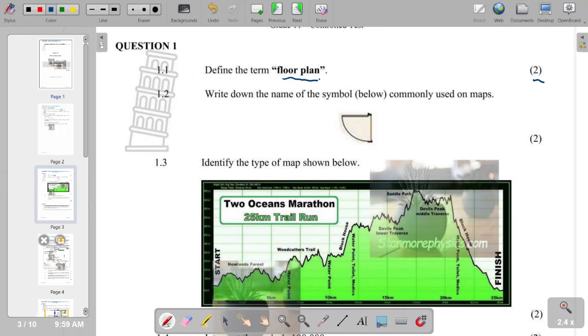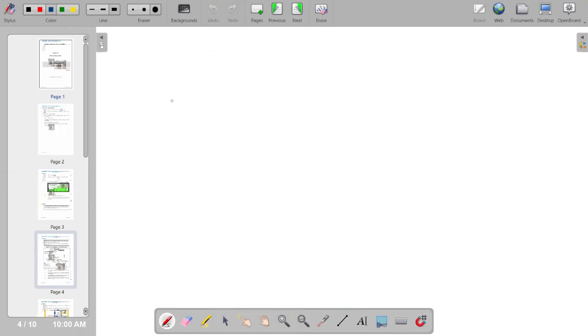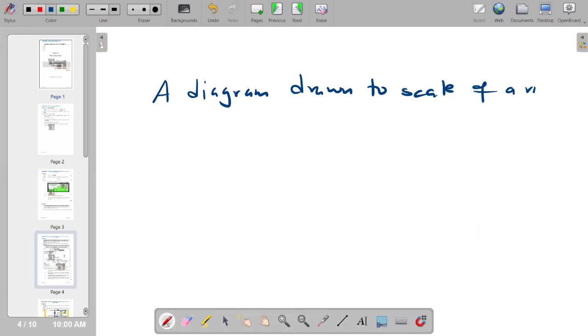So in terms of the definition of a floor plan, we are saying it is a diagram drawn to scale, and it has to be of a room or a building.